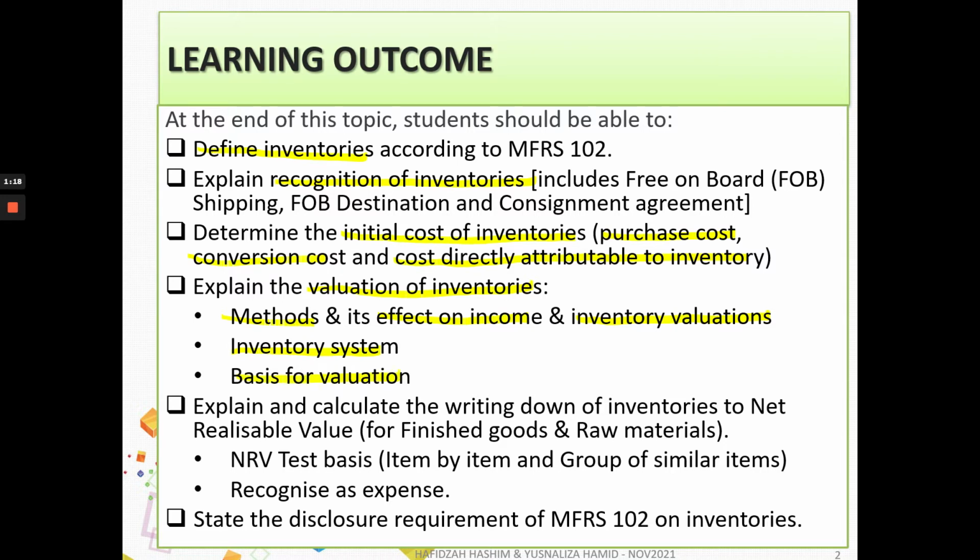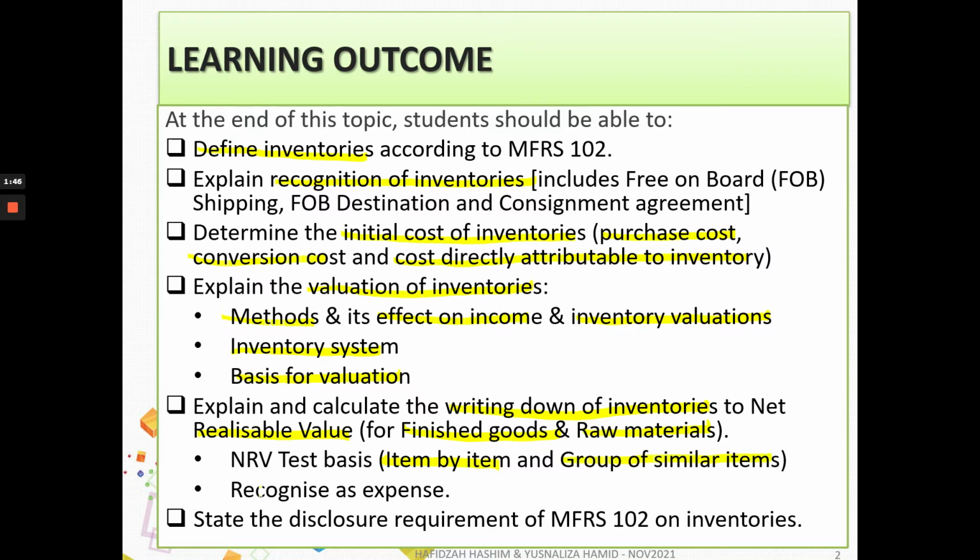At the end of the last few videos, you'll be looking at the explanation and how we calculate the writing down of inventories to the net realizable value for both finished goods and also raw materials. We're looking also at the NRV or net realizable value test basis using the item by item as well as group of similar items basis.